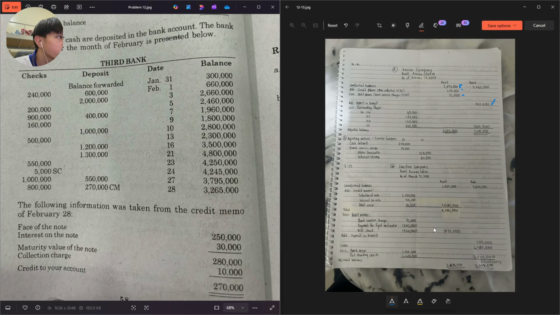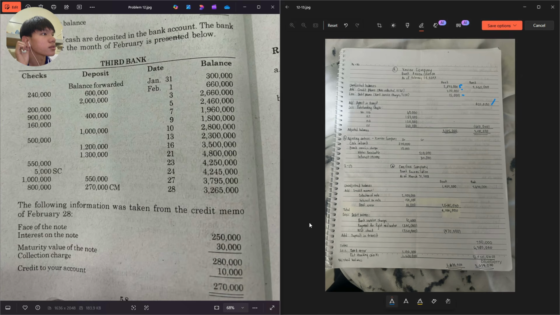So 270 cash in bank because it was credited to your account. Bank service charge of 10,000, which is this one. Then notes receivable of 250,000 because that was the face value. And then interest income of 30,000 because that was the interest on the note.